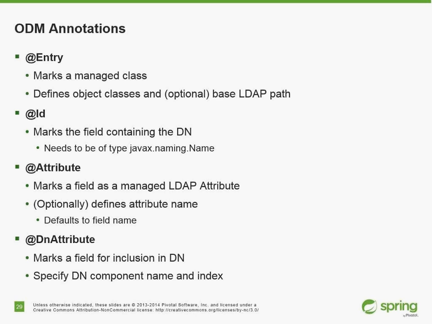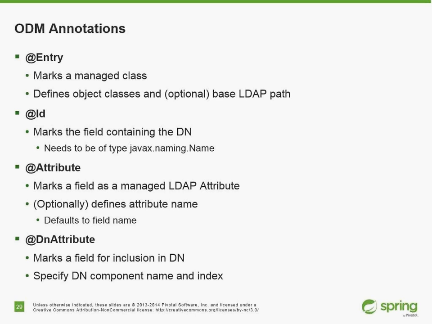And in the Entry annotation, you would define the object classes of the entry, and you would also include an optional base LDAP path where these entries are located in the LDAP tree. Then you need to have an @Id field, which marks a field that is the unique identifier of this entry. So that needs to be of type javax.naming.Name.